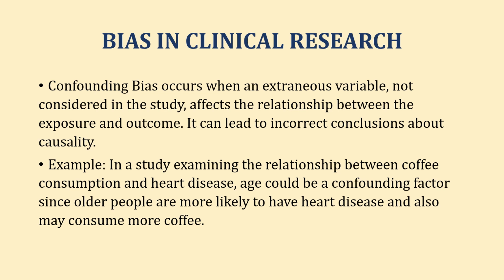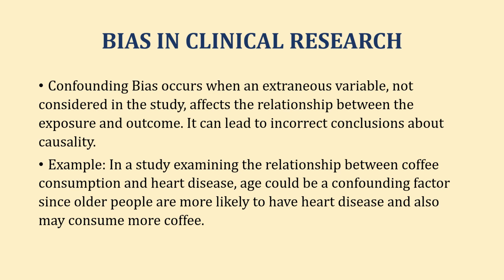Confounding bias is a very important bias that happens when we are planning studies. This means that an extraneous variable, which means a variable that has not been taken into account, has not been considered in the study. And this will affect the relationship between the exposure and the outcome.